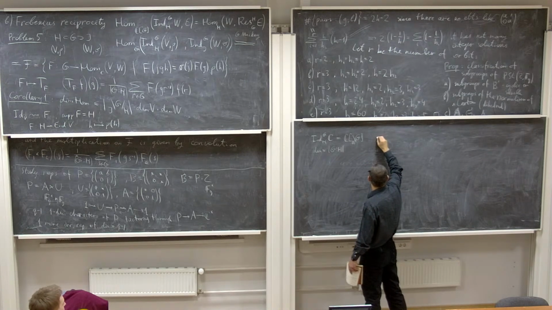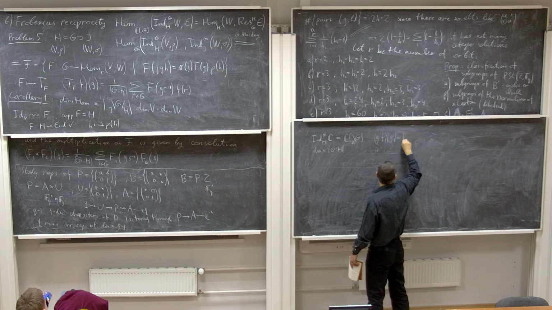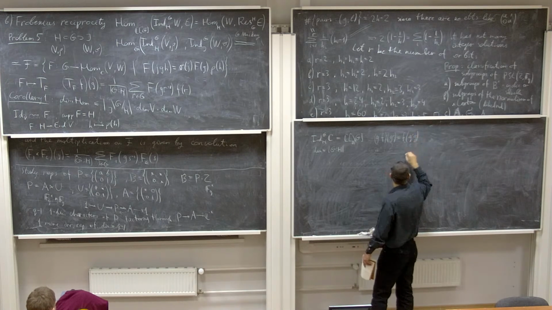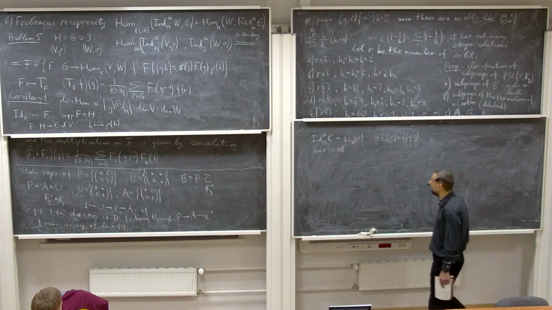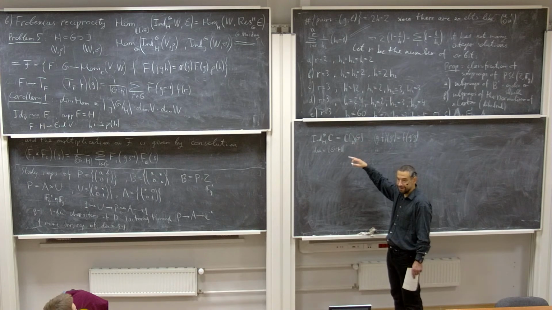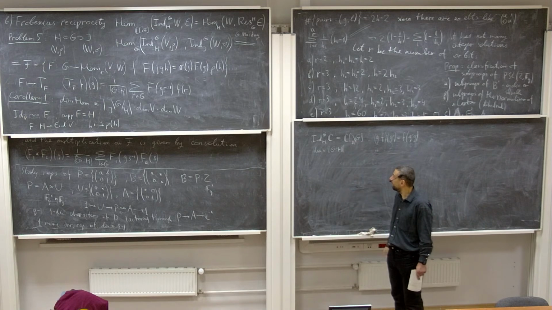So it's just a homogeneous space, and G acts there naturally, and then it acts naturally on the functions on the space.